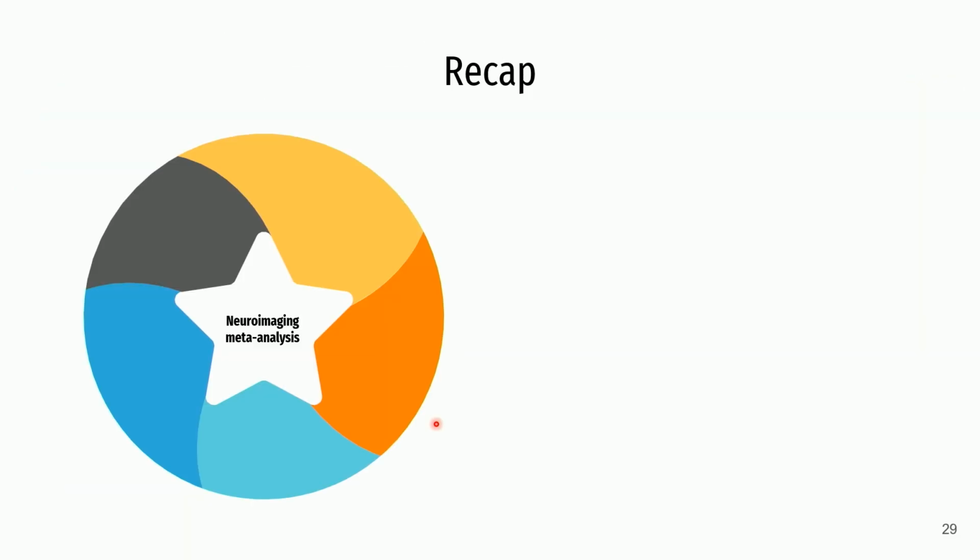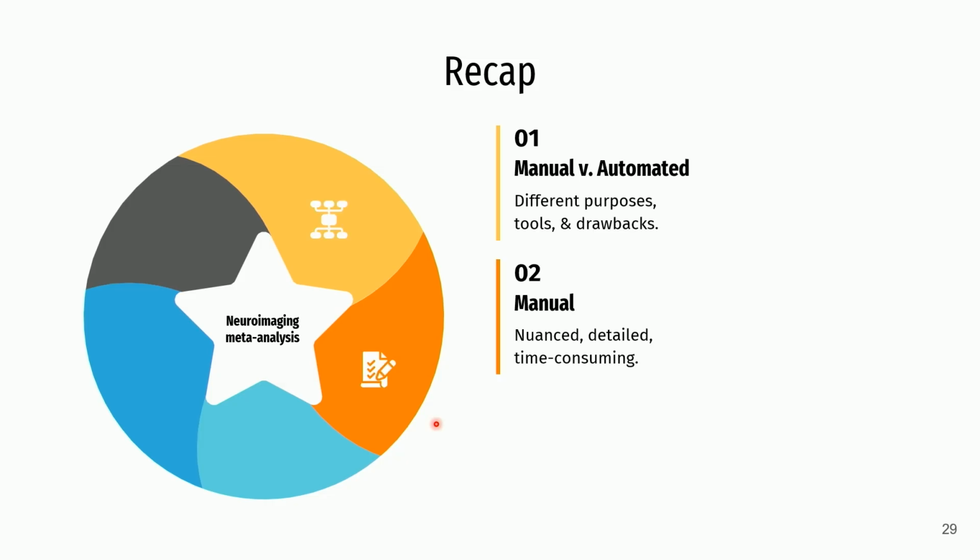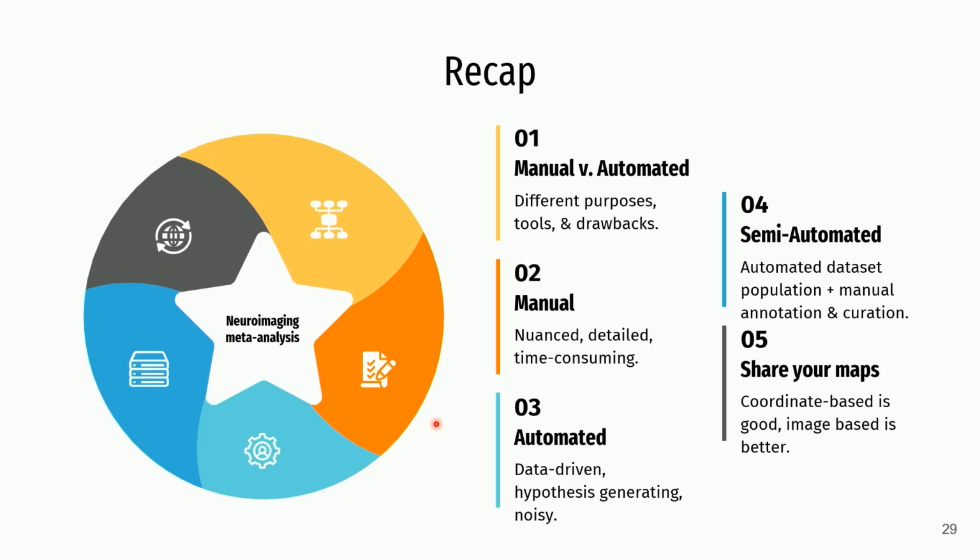Thanks, James, for putting all of that together for us. So recapping, last slide, almost done. Hopefully you understand a little bit more about the differences between manual versus automated meta-analysis. Hopefully you're excited to learn a little bit more about semi-automated meta-analysis and how it's the best of both worlds, to reduce all of the time-consuming constraints of a manual meta-analysis but also benefit from the automated approaches.